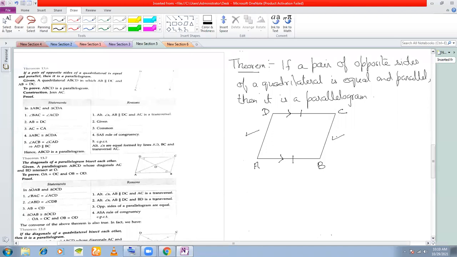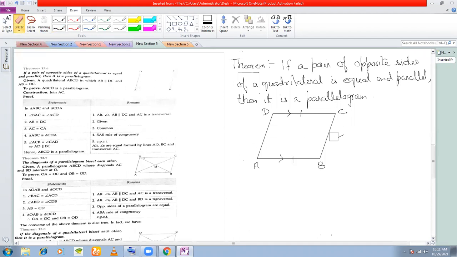Any one pair of opposite sides you can take, but you cannot take both pairs. In this case, I have taken AB is equal to DC and AB parallel to DC.